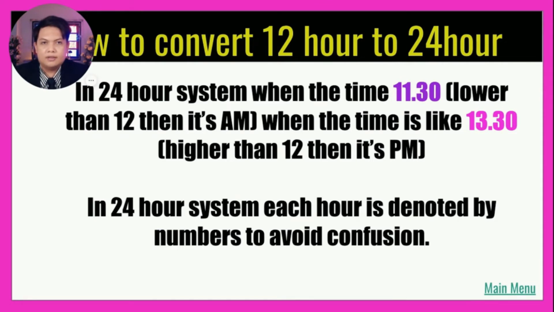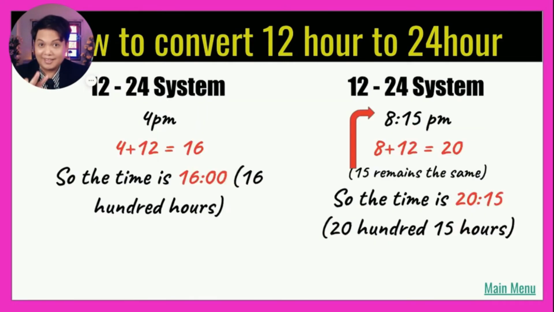It's 6. 6 what? 6 a.m. or 6 p.m.? So it's clear when the person says, "Your plane is leaving at 1430 hours." It means it's 2:30 p.m. in the afternoon already. Are we cool? Still okay?